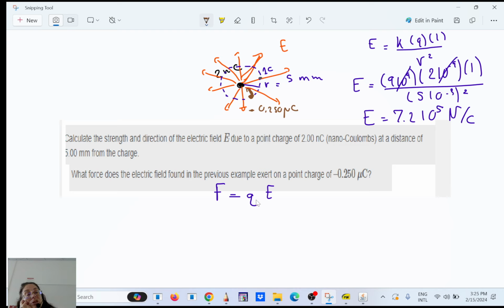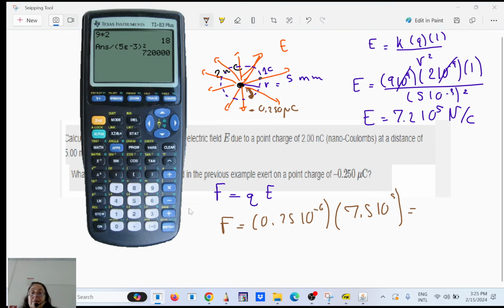Here it's just the magnitude. So it's going to be 0.25 times 10 to the negative 6 times 7.2 times 10 to the 5. You take your electric field from your TI and multiply by 0.25 times 10 to the negative 6, and you get 0.18.